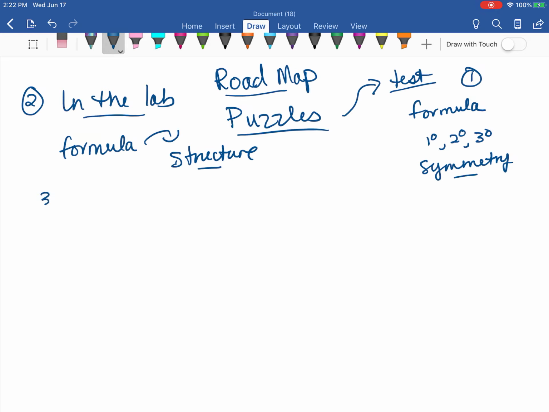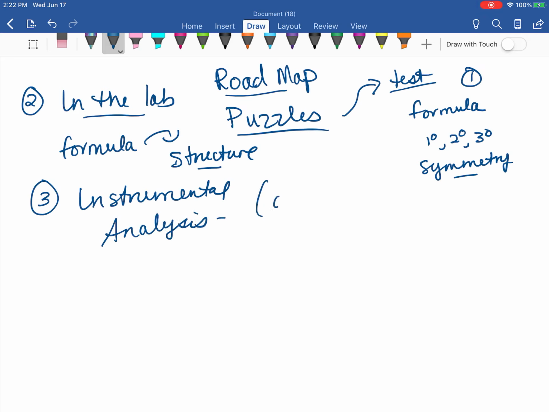One of the first instruments that we'll learn, so this is leading us up into instrumental analysis. So I want to start to train our brains already picturing our OChem 2 spectroscopy. All right, all of our spectroscopy problems are all connected and they're all puzzles.